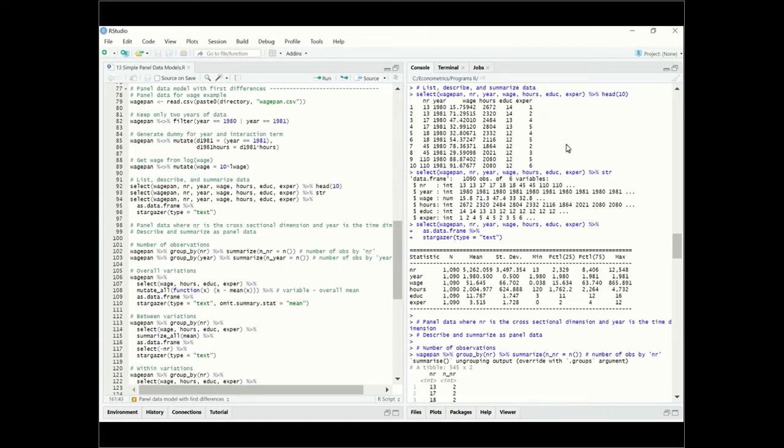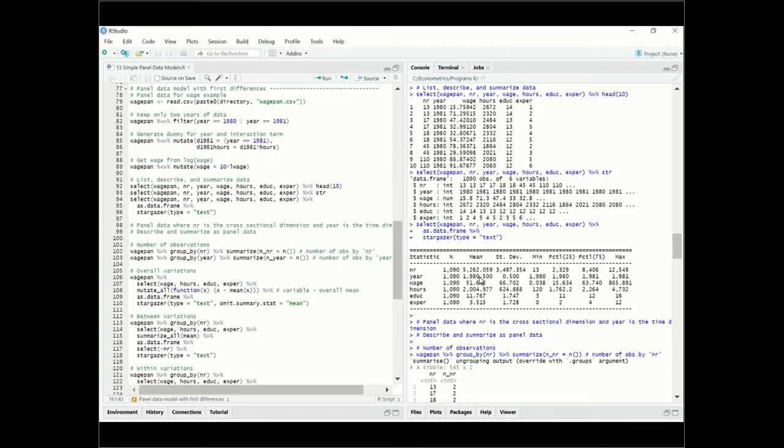Now, here's how the data structure looks. We have 1,090 observations for these 6 variables. And these are some of the summary statistics for the wage, hours, education, and experience. Obviously, it's not meaningful to find the mean for the person ID or for the year.